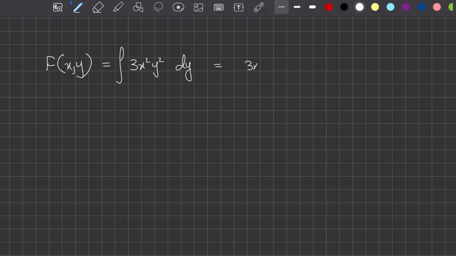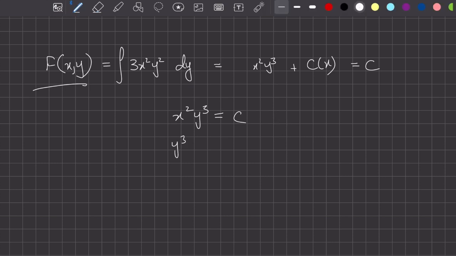Integrating gives 3x squared y cubed over 3 plus c of x. The 3's cancel out. We also know that f is a constant, so this equals to c, another constant. We can incorporate the other constant into this too to get just x squared times y cubed equals c.